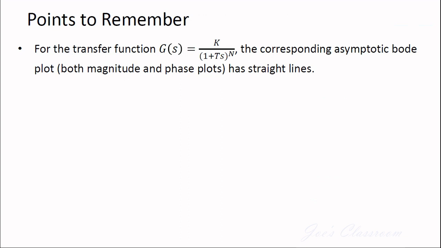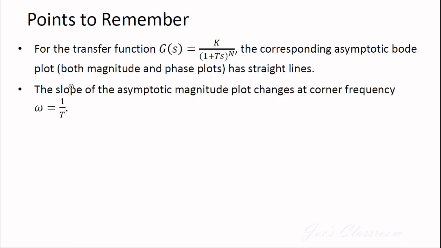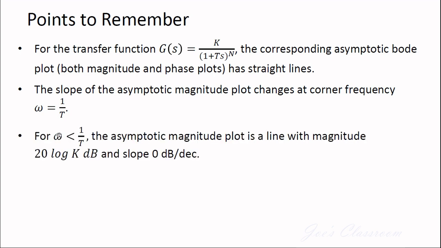So let us try to remember some important points for this transfer function with pole at some non-zero value. The corresponding asymptotic plot will have only straight lines, and the slope of the asymptotic plot changes at the corner frequency omega is equal to 1 by T, and please remember this 1 by T is nothing but the magnitude of the pole also. For omega lesser than 1 by T, lesser than the corner frequency, it is going to be a horizontal straight line with a magnitude of 20 log k and slope 0 decibels per decade.